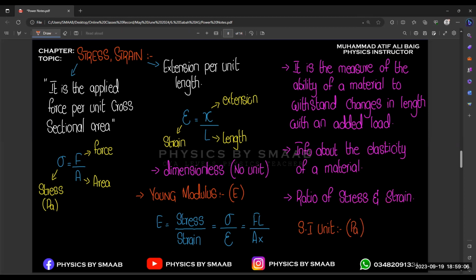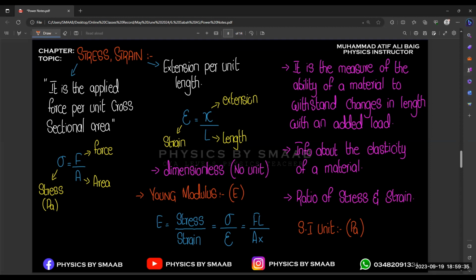And if we want to draw a graph between stress and strain, the gradient of the graph will give you the Young modulus. The stress is on the y-axis and the strain is on the x-axis. If you place them the other way round, your graphical representation will be different, because we are taking the concept of the ratio.